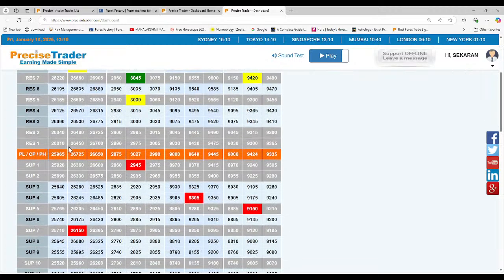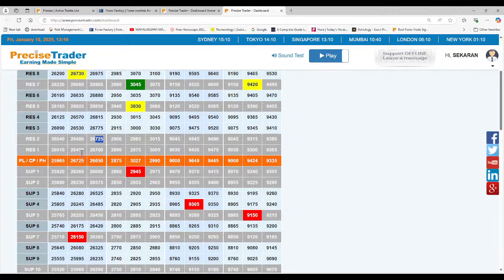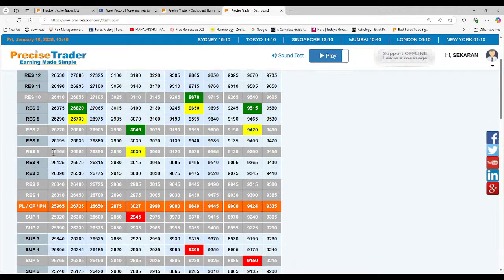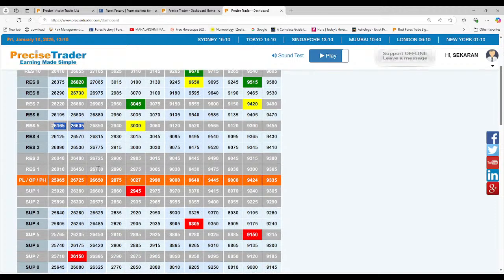The system will tell you, like I'm telling you, if I want to trade, the price has to break. Once you see the gray area, which is a strong resistance, the price has to break this level, and only then can you see the price moving higher.